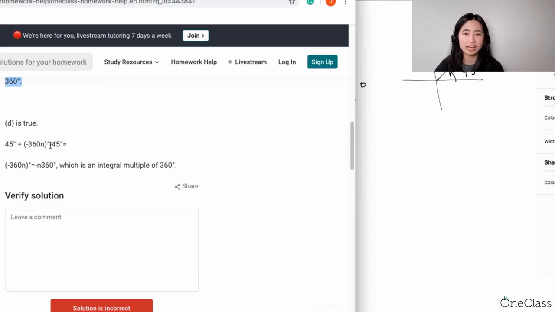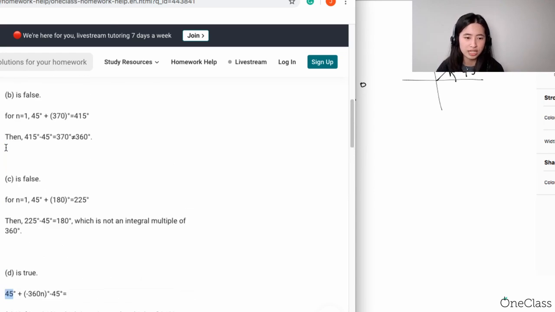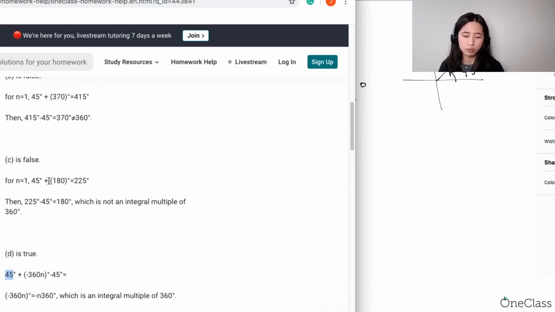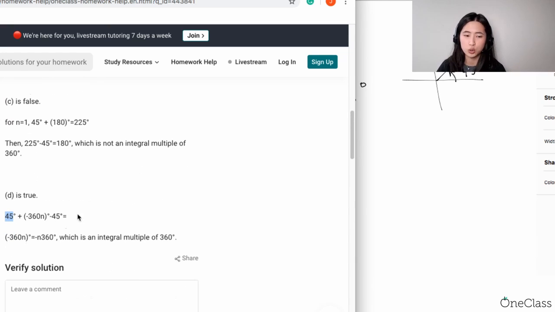Negative 315 degrees is your second angle, theta 2. If you take negative 315 minus 45 degrees, you're going to get negative 360.